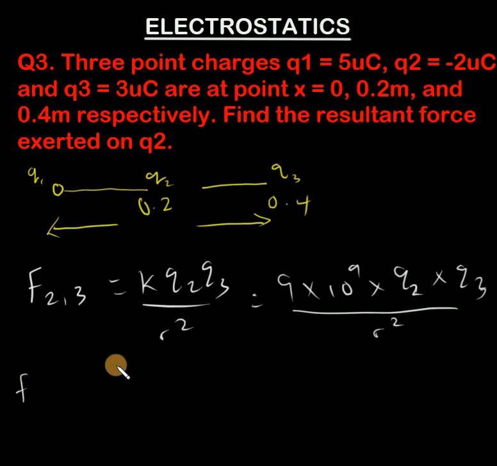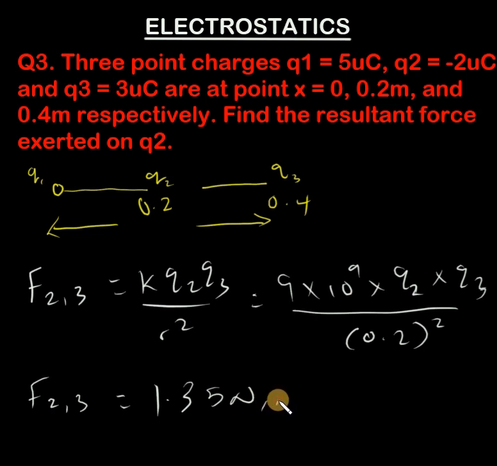The distance between Q2 and Q3 is 0.2 to 0.4. That means that our r equals 0.4 minus 0.2, so r equals 0.2 meters. So the r here is going to be 0.2 meters squared. Using our calculator, our answer here is 1.35 Newton.